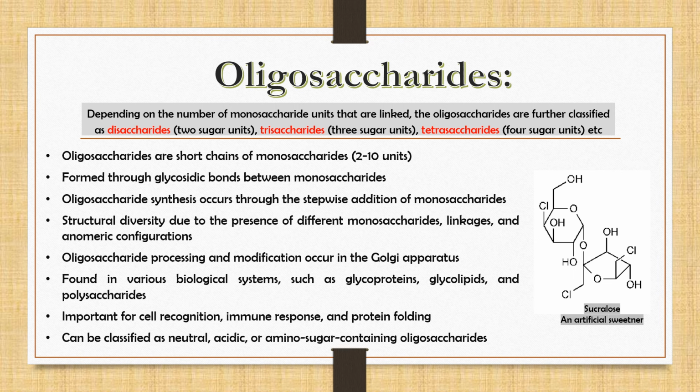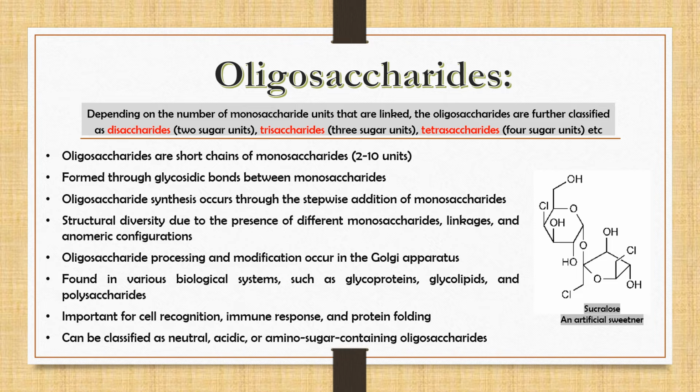Oligosaccharides. Oligosaccharides are short chains of monosaccharides, that is 2 to 10 units, formed through glycosidic bonds between monosaccharides. The glycosidic bond is formed most frequently between the anomeric carbon of one sugar residue and a hydroxyl group of another sugar residue.